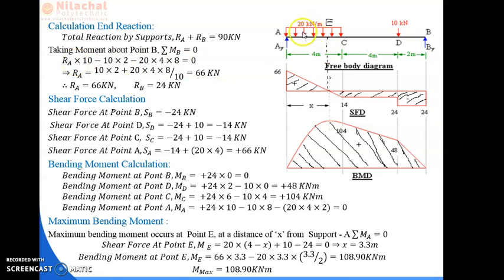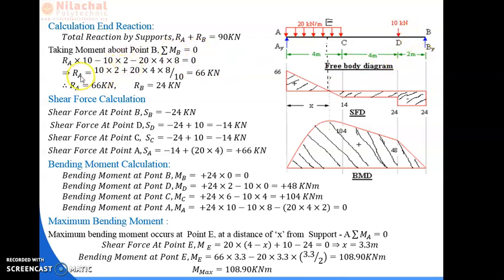Here the UDL is 20 kilonewton into 4, that is 80, acting at 4 plus 2, that is 8 meters. So 20 into 4 into 8. Another is the point load 10, at a distance of 2 meters, so 10 into 2.